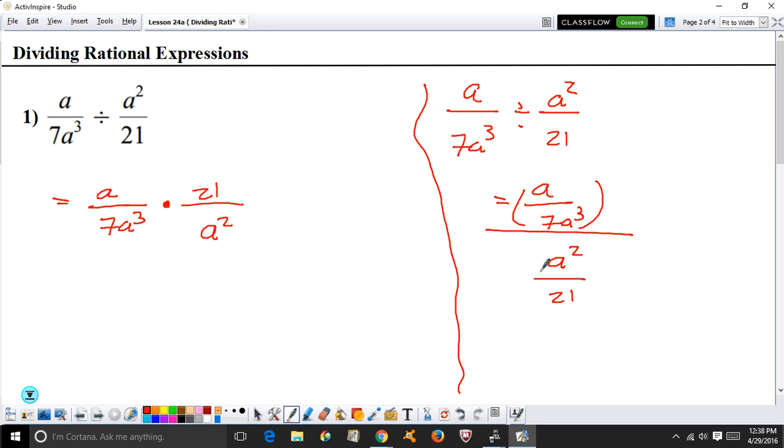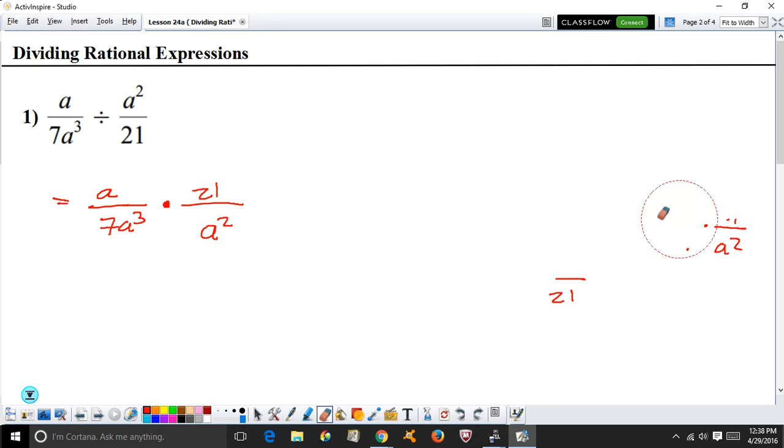These two expressions represent the same thing, so if we multiply by the reciprocal of the denominator, we get what we originally have. To divide by a fraction is the same as to multiply by the reciprocal. This is just an explanation, but let's erase it. It's not part of the problem.